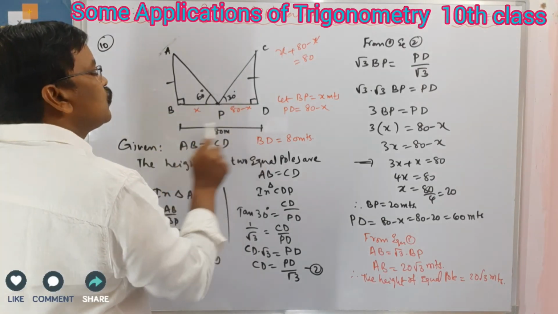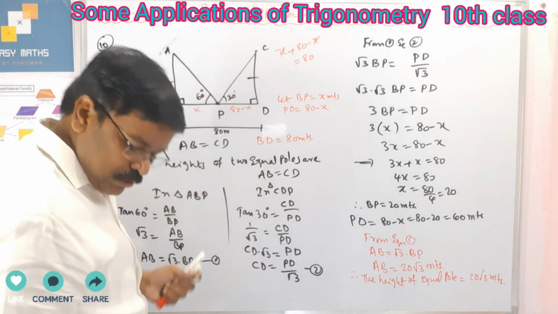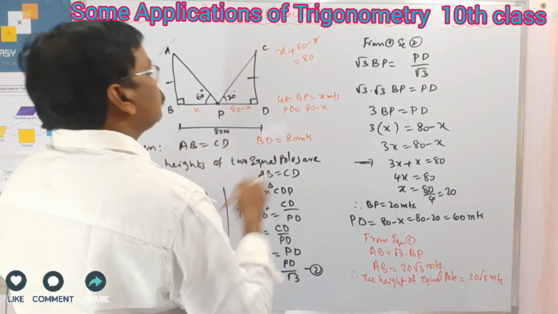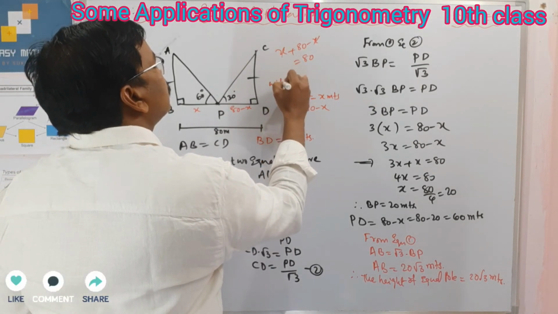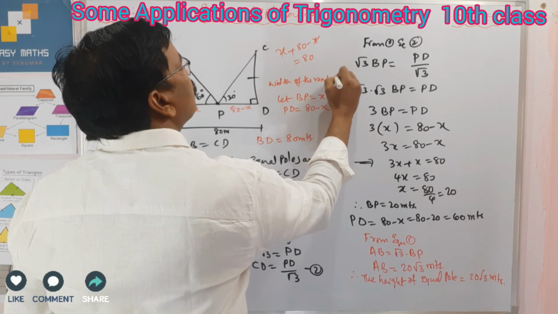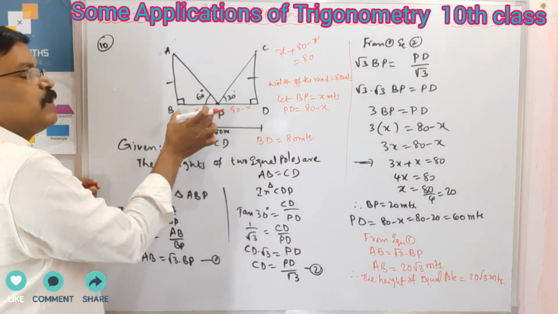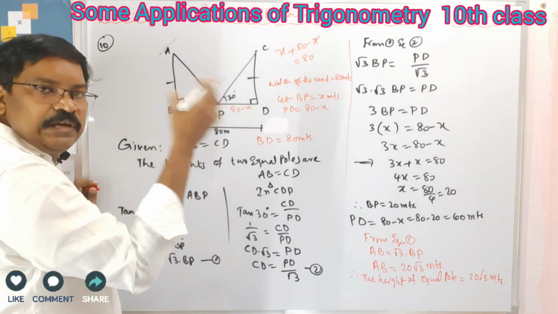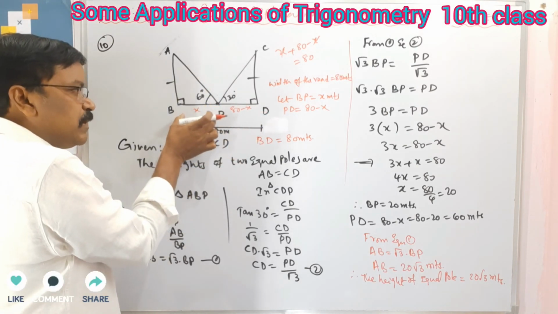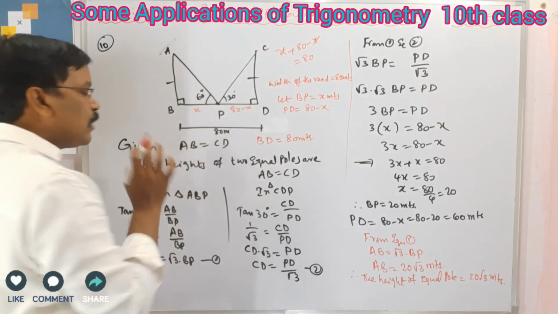The width of the road is given as 80 meters. Here BP plus PD is 80. Let BP be x meters, then PD is 80 minus x.